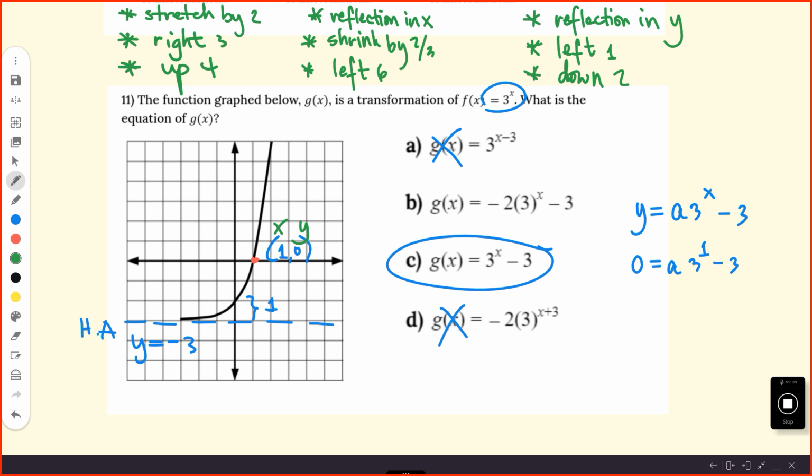If we solve this, 3 to the 1 is just 3, so I can write this as 0 equals 3a minus 3. We add 3, so 3 equals 3a, and we divide by 3 on both sides, and a is equal to 1.